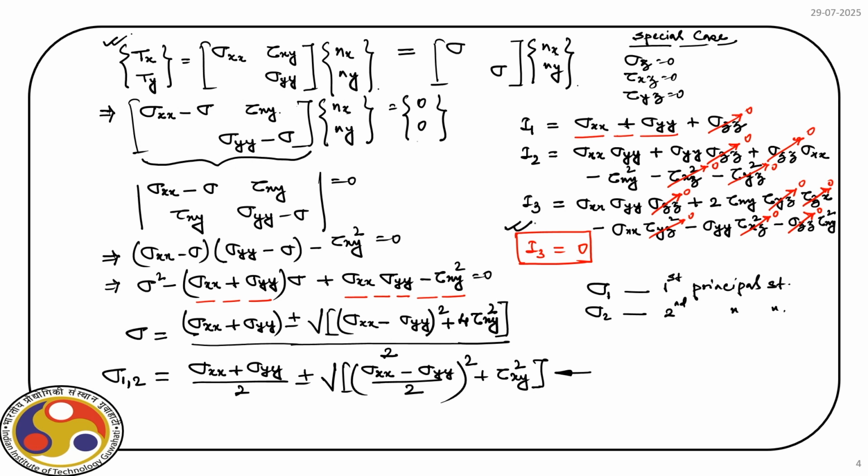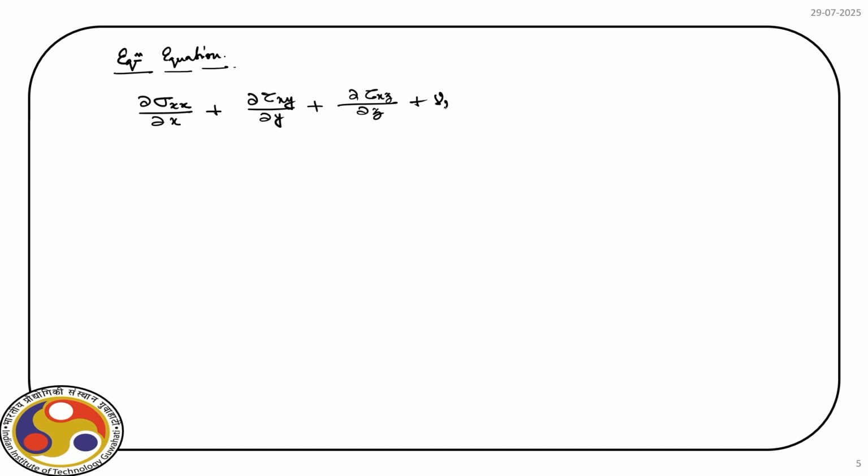Now, finally, what will be the equilibrium equation for plane stress problem? If you recall the equilibrium equation for 3D, it is sigma xx differentiated with respect to x plus tau xy differentiated with respect to y plus tau xz differentiated with respect to z plus gamma x is equal to 0. That is the first equation.